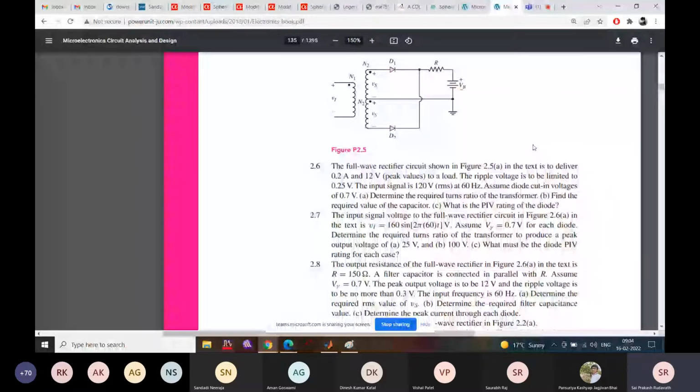Basically, what does the transformer do? We're giving input as 120 volts, and we're going to take the output after the transformer at 12 volts. So we're going to decrease 10 times, right?